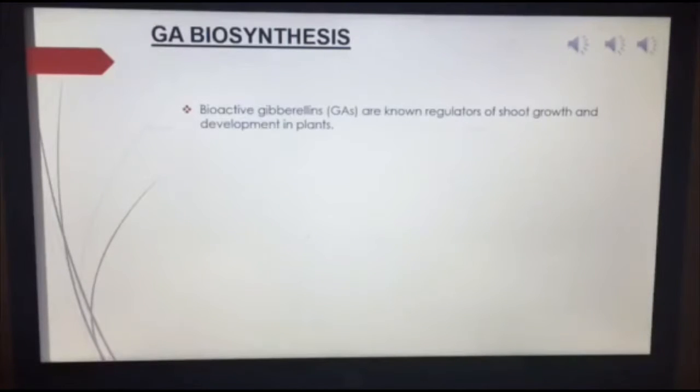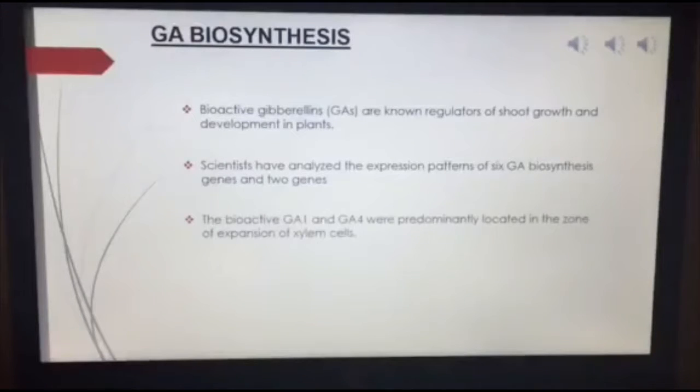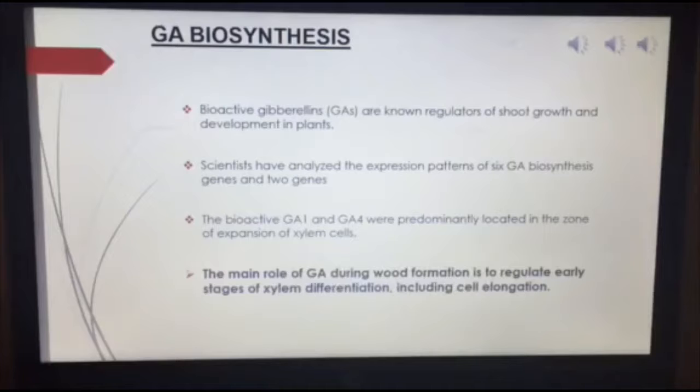GA quantification by GC-MS-SRM showed that the bioactive GA1 and GA4 were predominantly located in zones of expression of xylem cells. This suggests the main role of GA during wood formation is to regulate the early stage of xylem differentiation, including cell elongation.